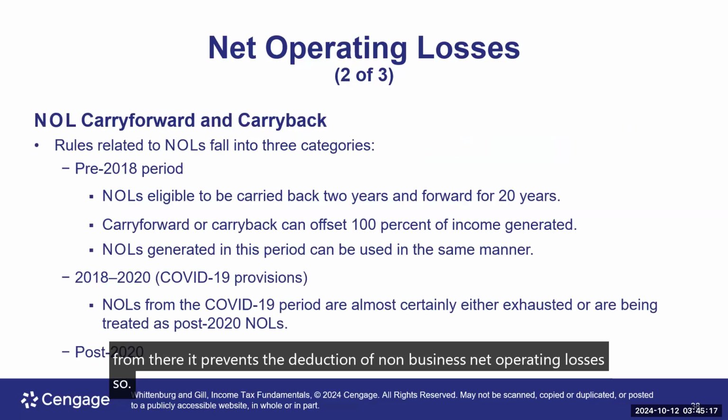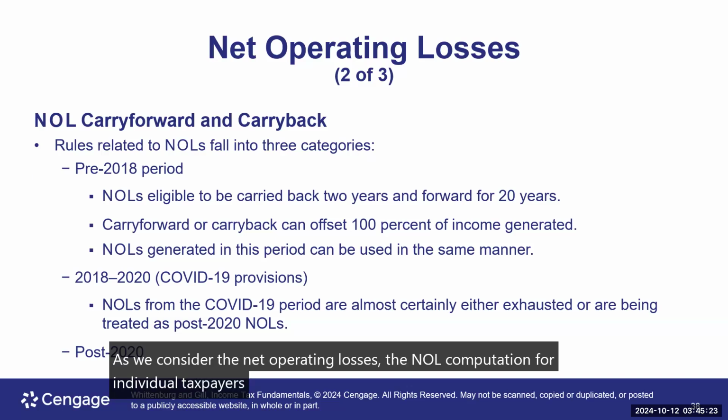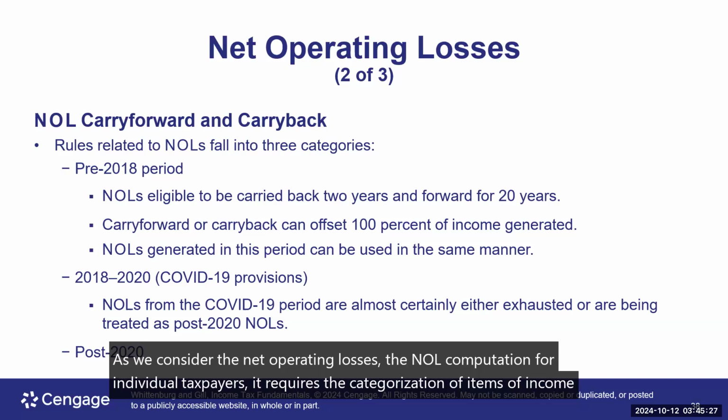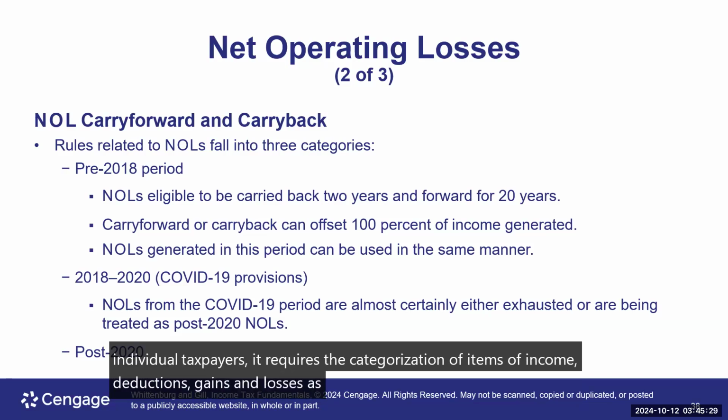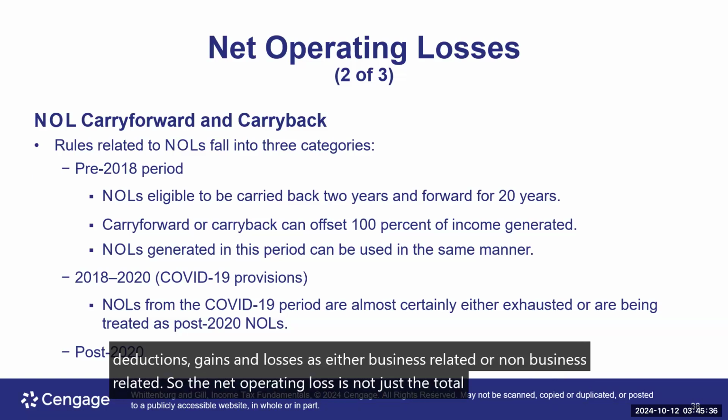as we consider the net operating losses, the NOL computation for individual taxpayers requires the categorization of items of income, deductions, gains, and losses as either business related or non-business related. So the net operating loss is not just the total taxable loss that's shown on page 1 of the Form 1040.